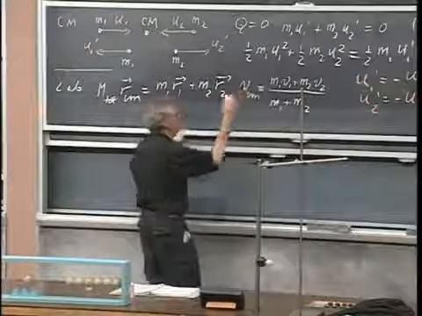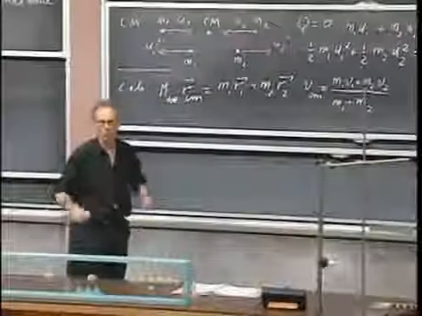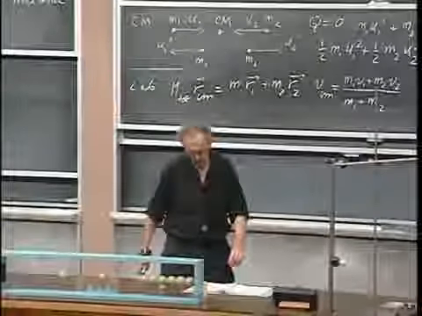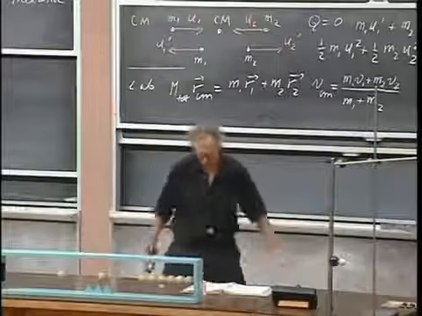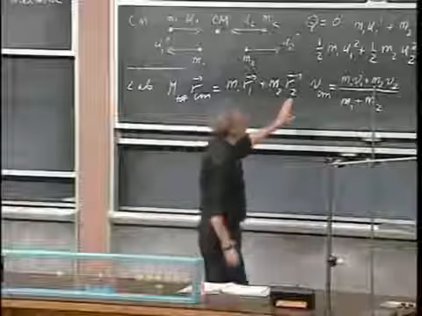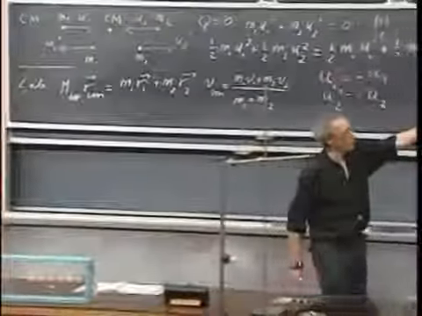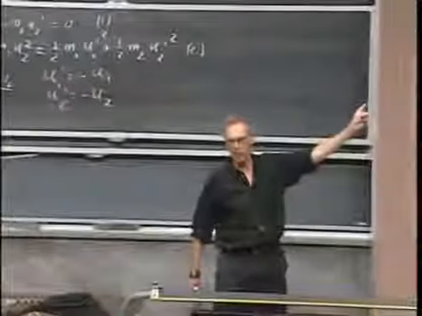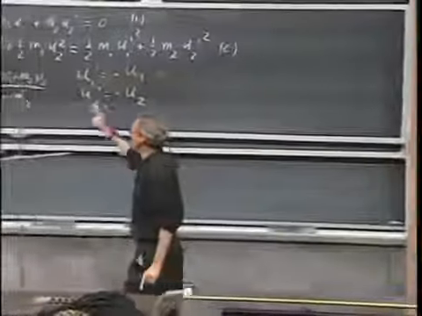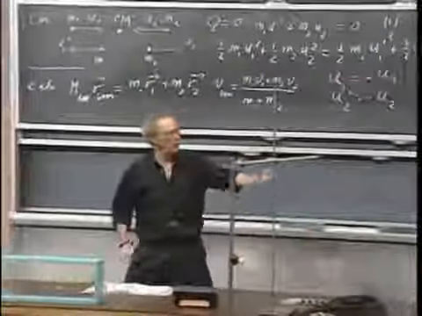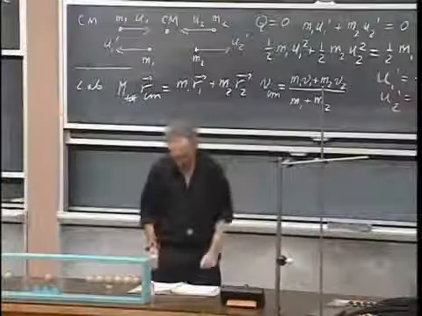And notice I left the arrows off, because since it's a one-dimensional problem, signs will take care of the directions. So this is the velocity of the center of mass. I wrote it also there on the blackboard, because later on in this lecture I will need it, and it is possible that by that time I have erased it, and so that's why I wrote it down there too.